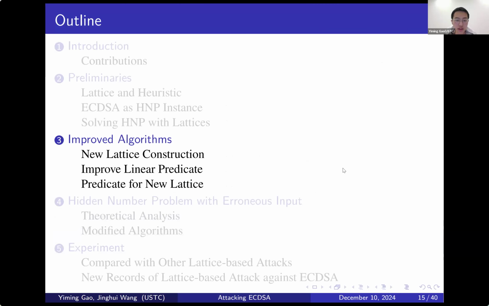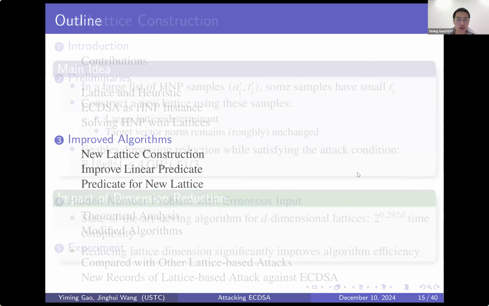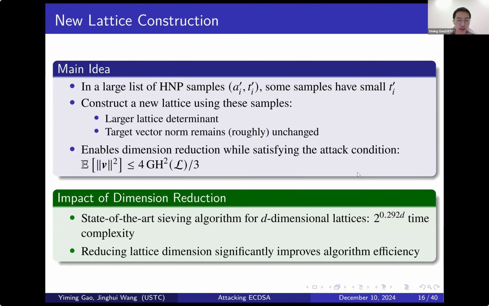We improve their sieving with predicate algorithm with more samples. The main idea is that in a large list of HNP samples, some samples have small t_i'. We then construct a new lattice using these samples. The lattice has larger determinant, but the target vector norm remains roughly unchanged.